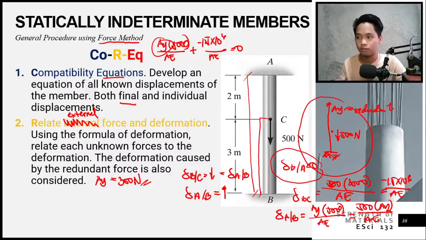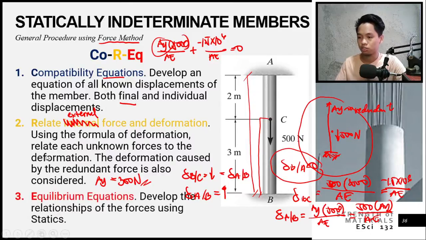So whichever is your redundant force, that is the first one we solve. Then for the remaining unknown, of course, you can use your equilibrium equations. Develop the relationships of the forces using statics. Since we have no x forces or summation of moments, we can just use the summation of forces in y equal to 0.